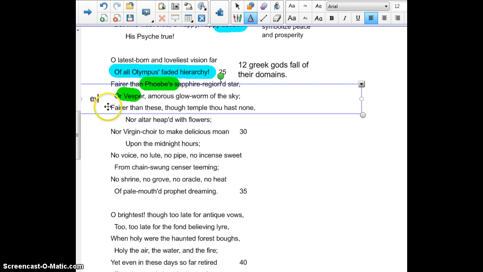And so the evening star, we know what that symbolizes. We know that it sends out a connotation of trying to get home and warmth and love. And it's also another name for Venus or Aphrodite, which again is the goddess of love.